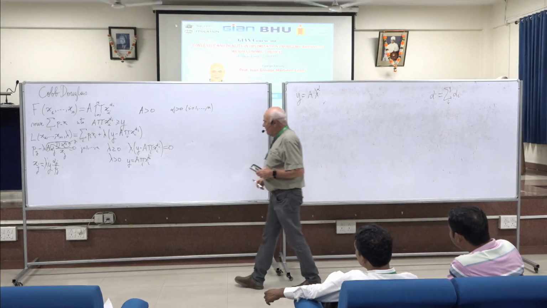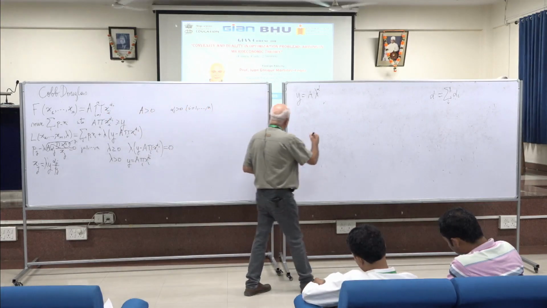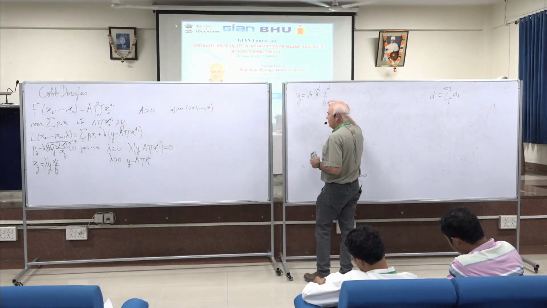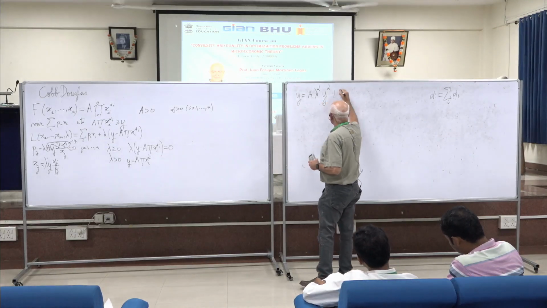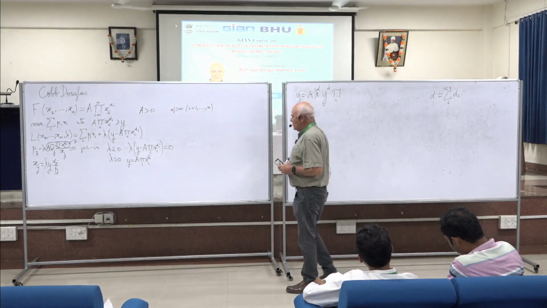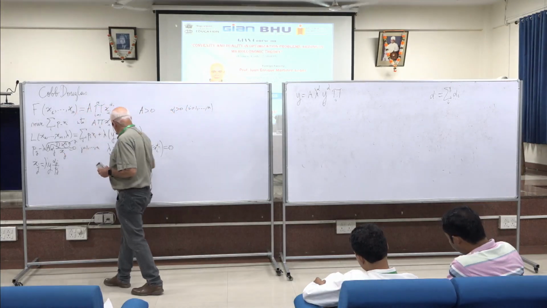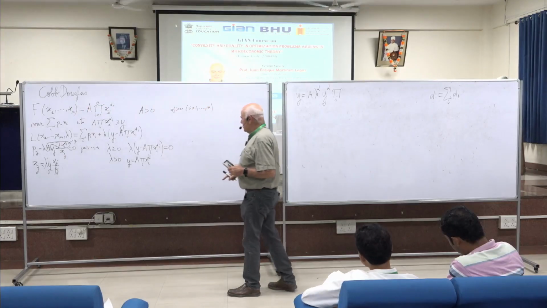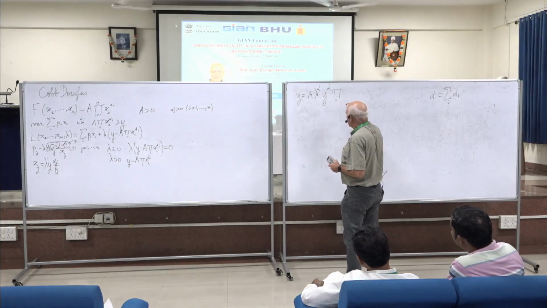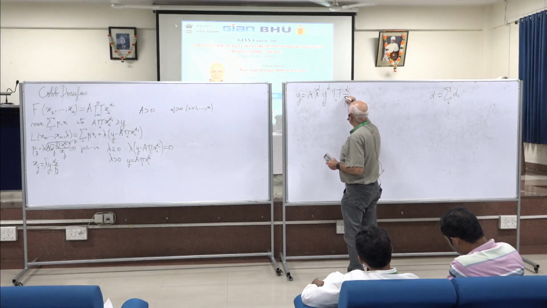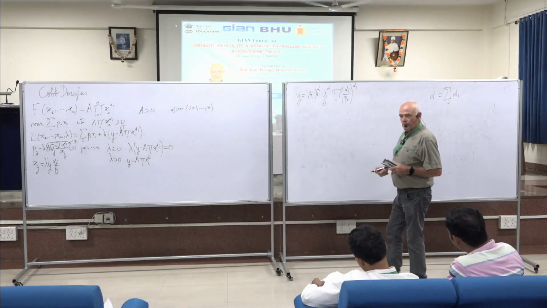Okay? Then what else? The same with y. And then the product of alpha i over pi to the power alpha i. Is this correct?